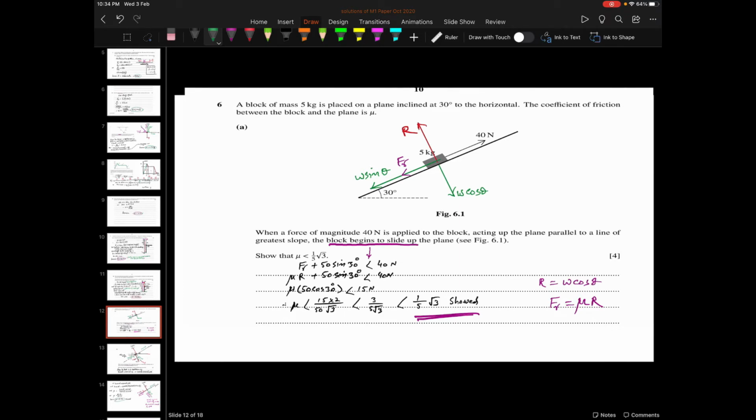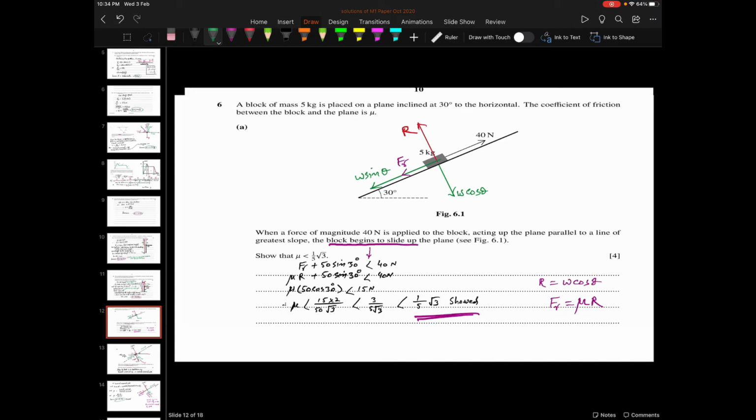Therefore, mu R, which is the value of force of friction, plus 50 sin 30 degree is less than 40 Newton. But the value of R is equal to W cos theta, which is 50 cos 30 degree.